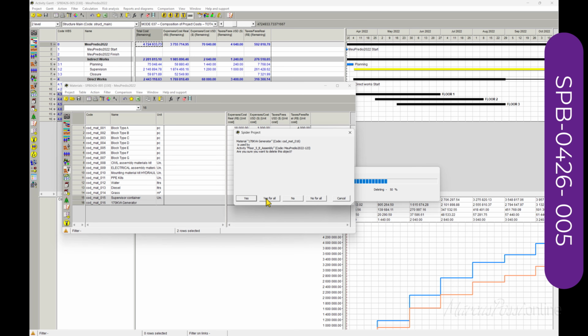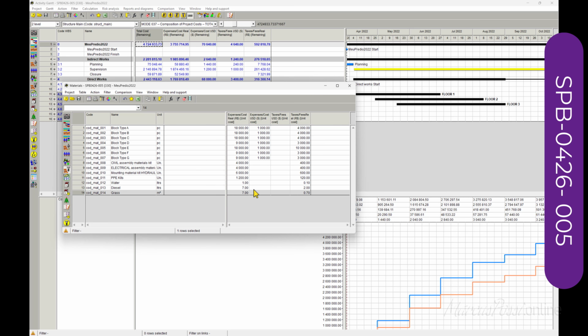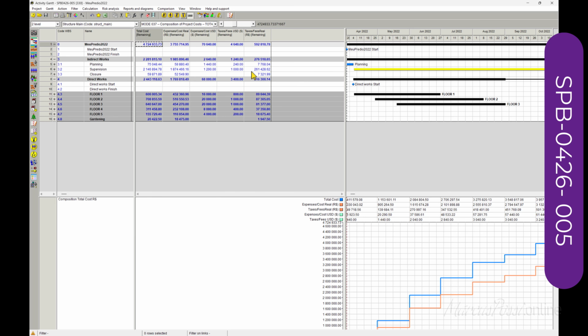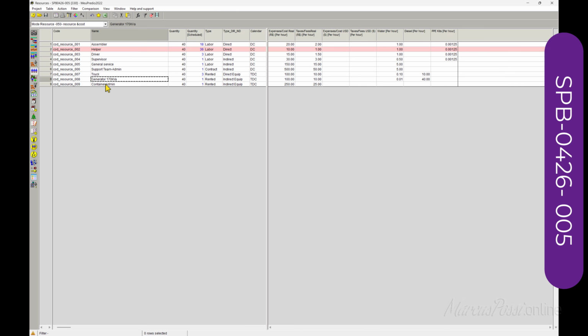Or not activities, but its components and assignments. So, if you have not generator and the supervision container as a material, what are they? They are view resource. They are services, and they will be paid by month or by hour as a service.